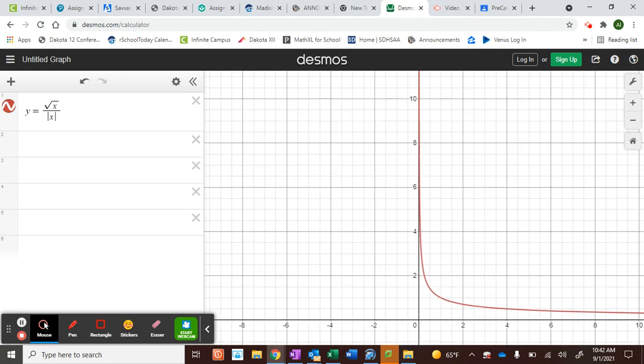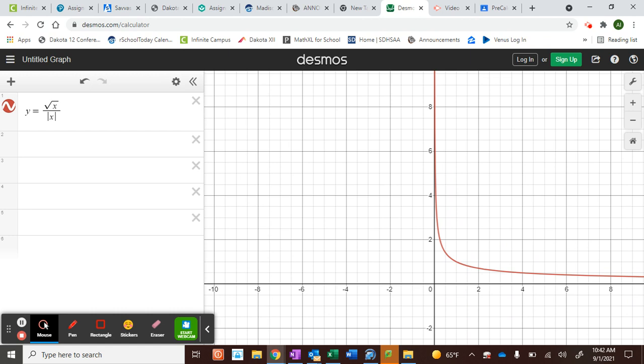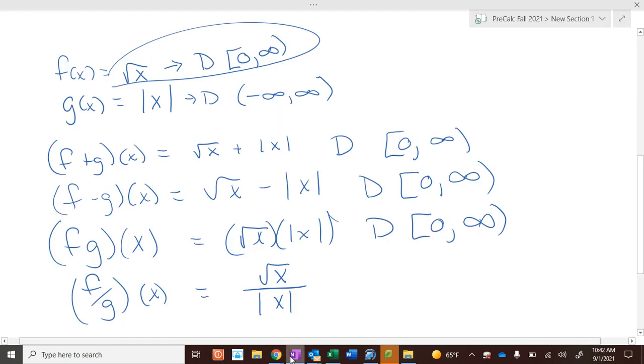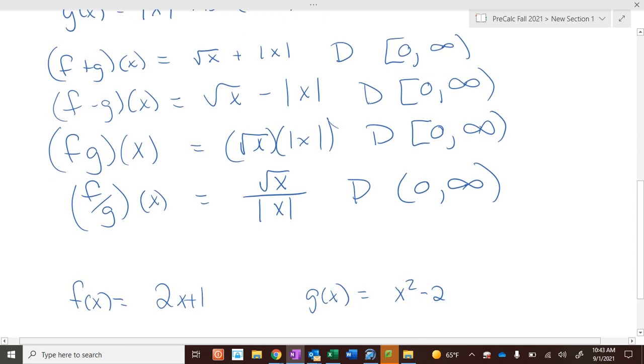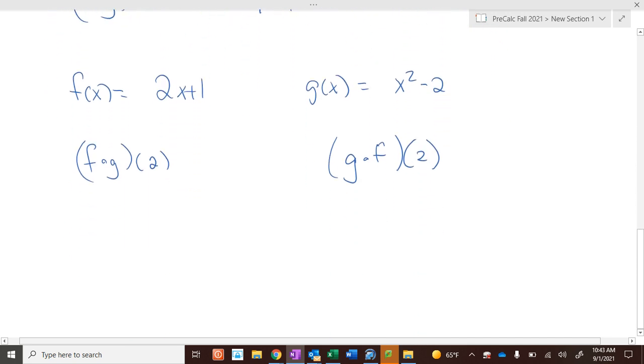Okay? Any change in the domain? Nope. So in this one, it'll also be 0 to infinity. But can we include 0? No, because you can't divide by 0, so it's going to be parentheses 0 to infinity this time instead of including 0.